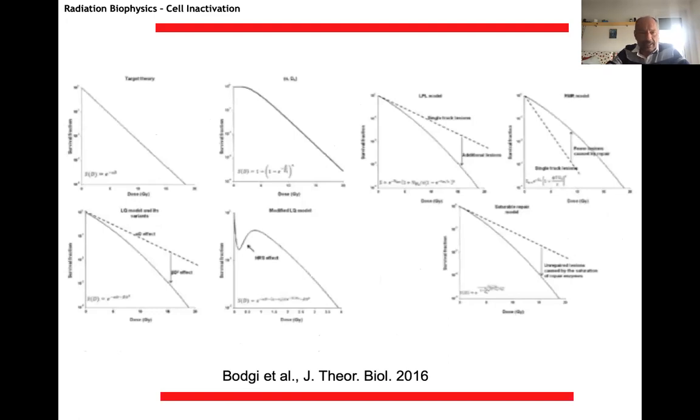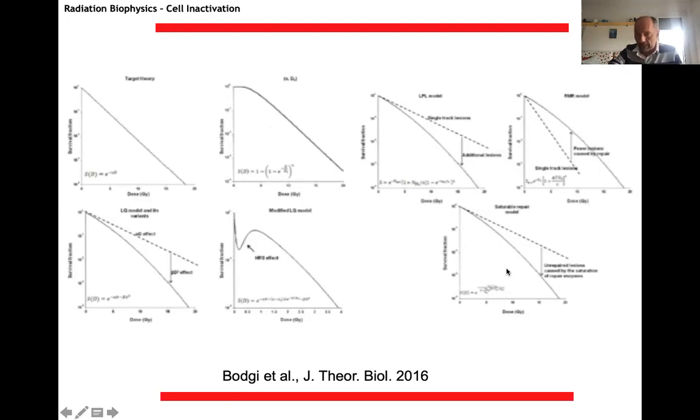And there are many others. I apologize, maybe this is not very clear. You can probably find the original publication here. This shows many different models. This is the target theory, single hit. This is the target theory multi-target, with curvature. This is the LPL model. This is the RMR, which is very similar to the LPL.